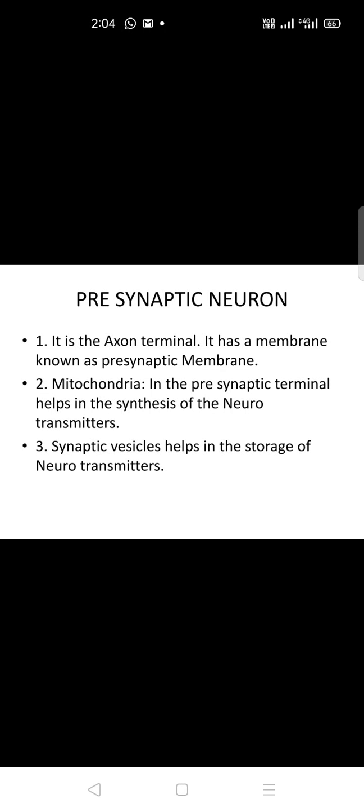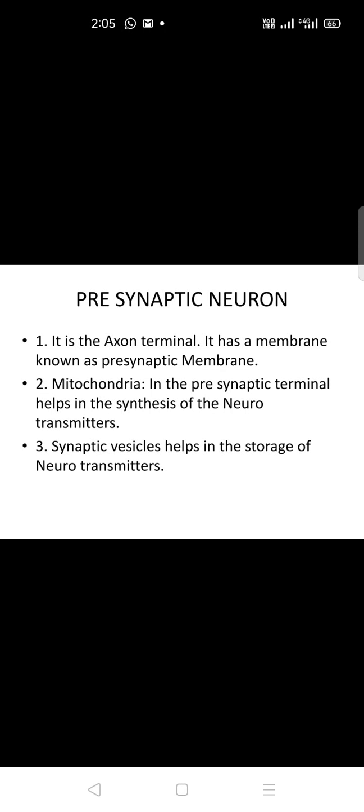The neurotransmitters are necessary for the transmission, and this mitochondria is essential for the production of neurotransmitter. So more mitochondria are present in the axon bud, that is the axon knob, the lower end of the axon.